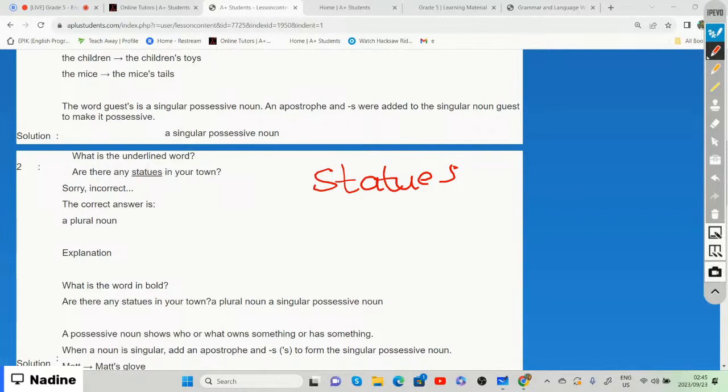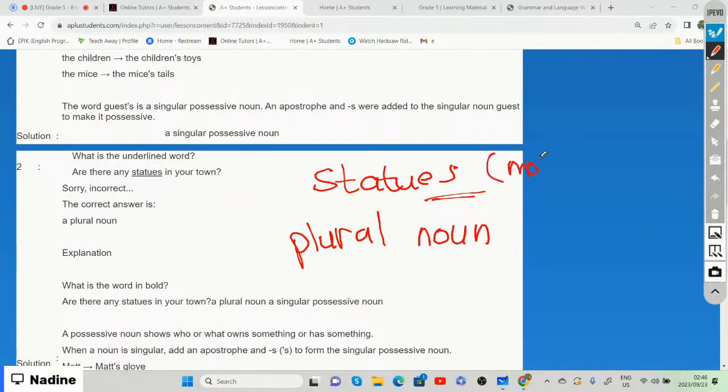Is it singular possessive noun or plural possessive noun? Statues. One statue, many statues, or two or more statues, which means that this is a plural. It's just a plural noun. It just shows more than one.